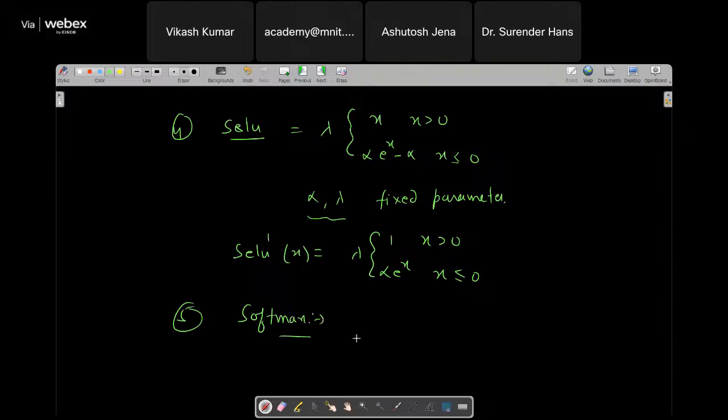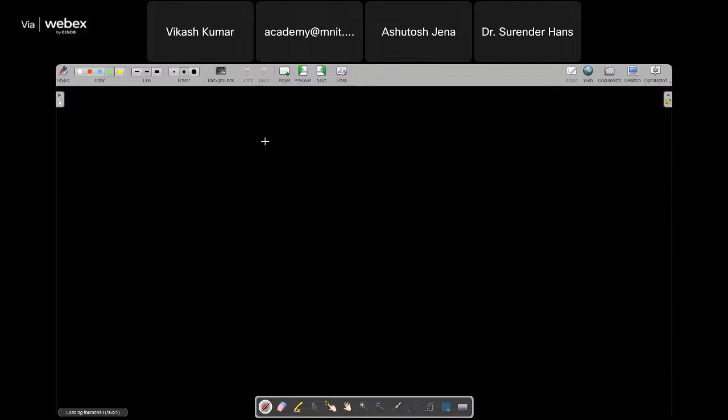In softmax, which we use for multi-class classification, let's say the output of the final layer is 1.3, 5.1, 2.2, 0.7, 1.1 likewise.